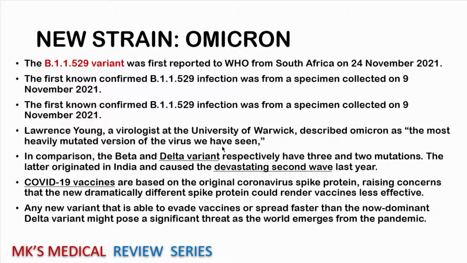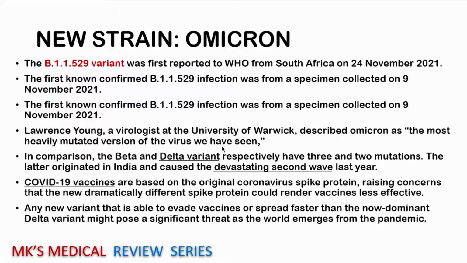And why is this so? Because there have been over 20, and some literature even cites over 30, different mutations that have been seen. And this is how it works. These viruses are usually named using Greek letters: alpha, beta, gamma, delta, and so on. The beta variant had about 3 mutations.